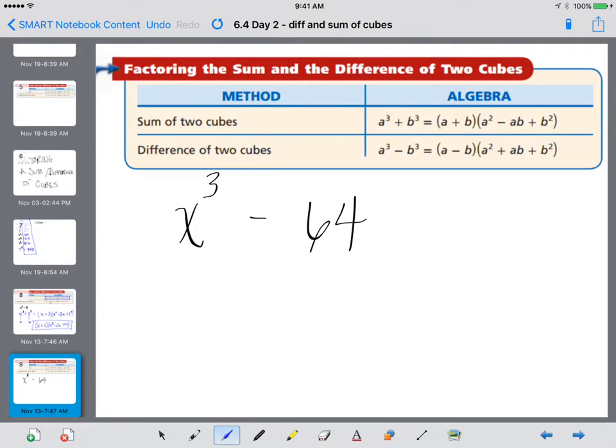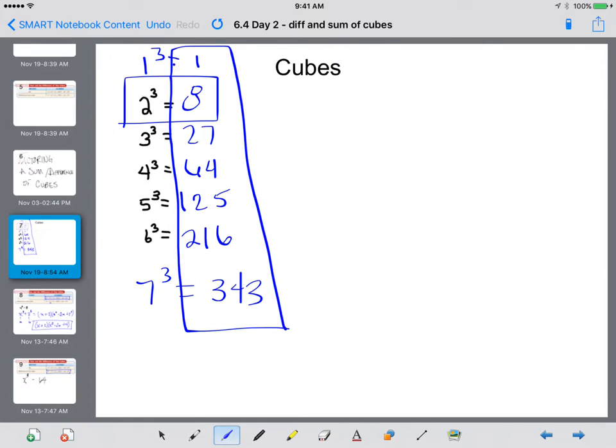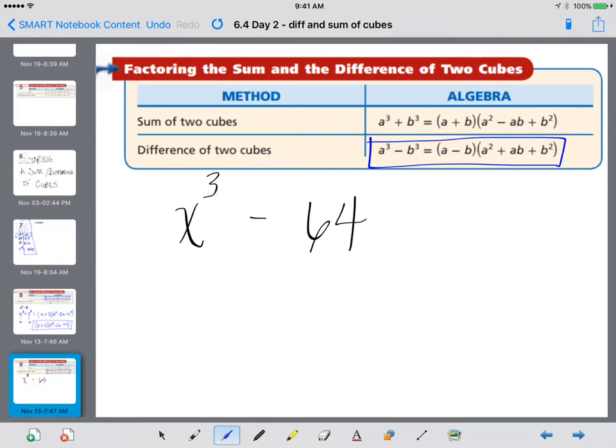Next example. This time we have a difference of cubes, and we need to figure out how we can rewrite 64. If you look at our early note sheet, 64 is equivalent to 4 to the third power. So I'm going to write this as x to the third minus 4 to the third. And now I can start filling in my x's for the a's, my 4 for the b's.